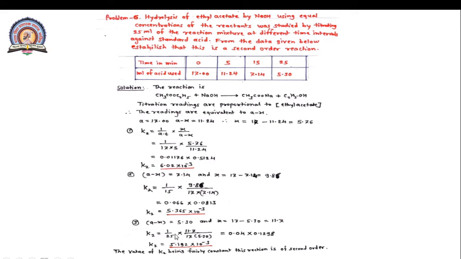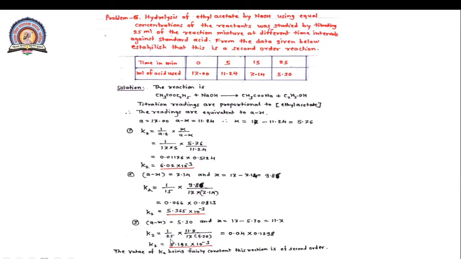Then K2 is equal to 1 upon A into T into X upon A minus X, where T means 25 minutes. See this calculation for 25 minutes: into 25, X means 11.7, and A minus X, then here 17 into 5.30.